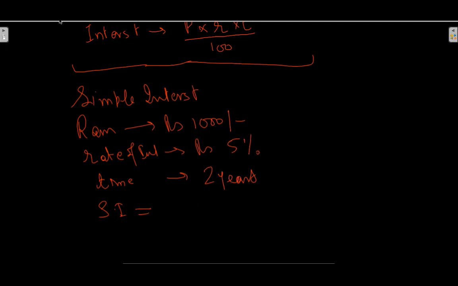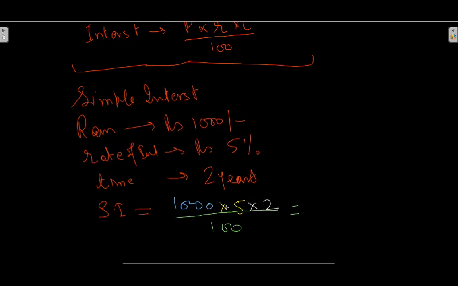Our principal is 1000. Our rate of interest is 5%, and our time period is 2 years. And we divide all this by 100.